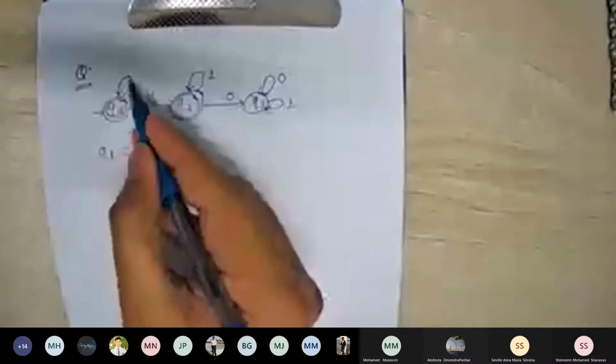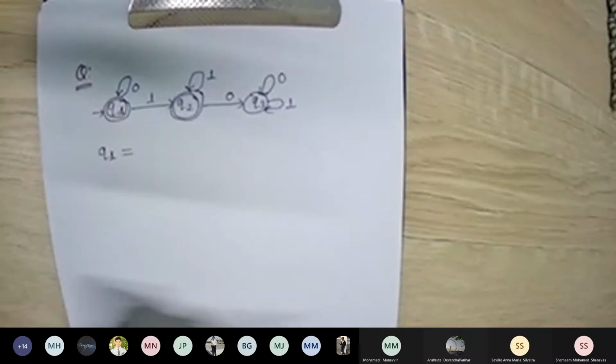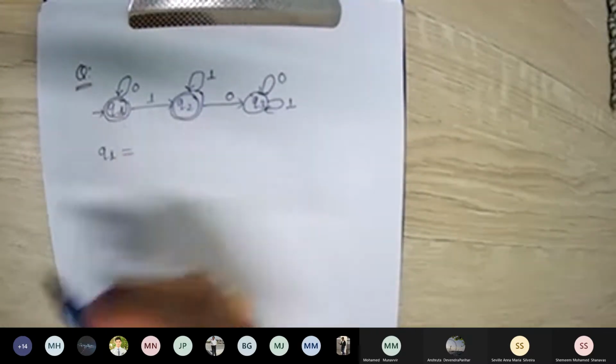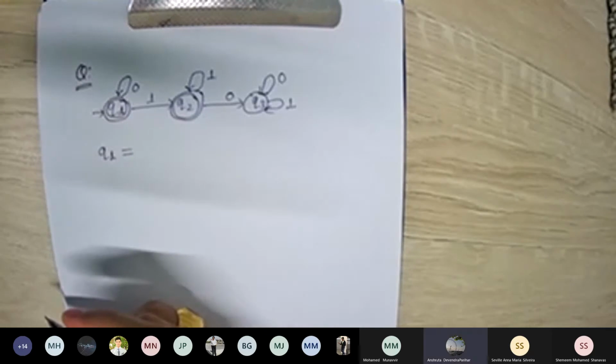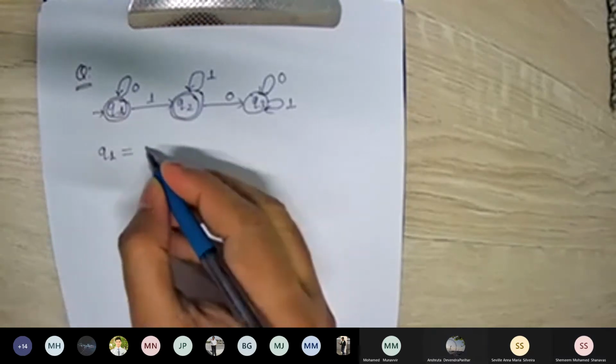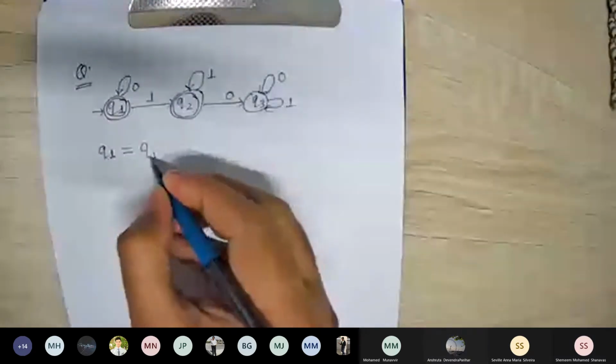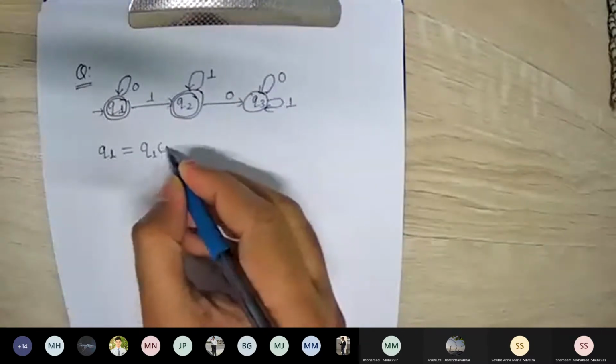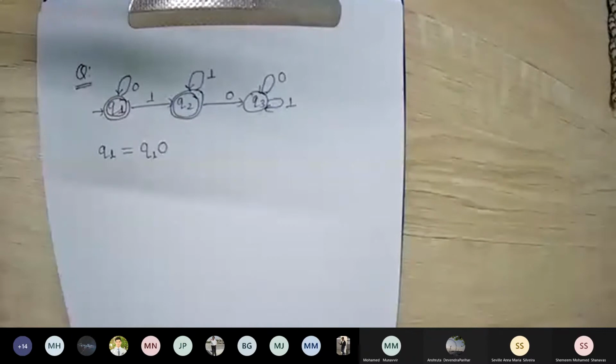Only one, that is the self loop 0. You will write only the incoming edges, that is Q1, and then the input, 0.